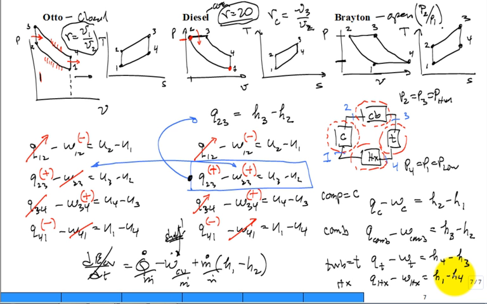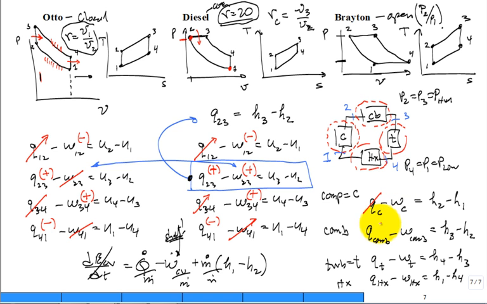Let's take a look at which of these Q's for which of these components is 0. For the compressor, is there any heat transfer? No. So we can take that term and strike it, can't we? It's 0. It's adiabatic compression, isentropic compression. How about in the combustor?